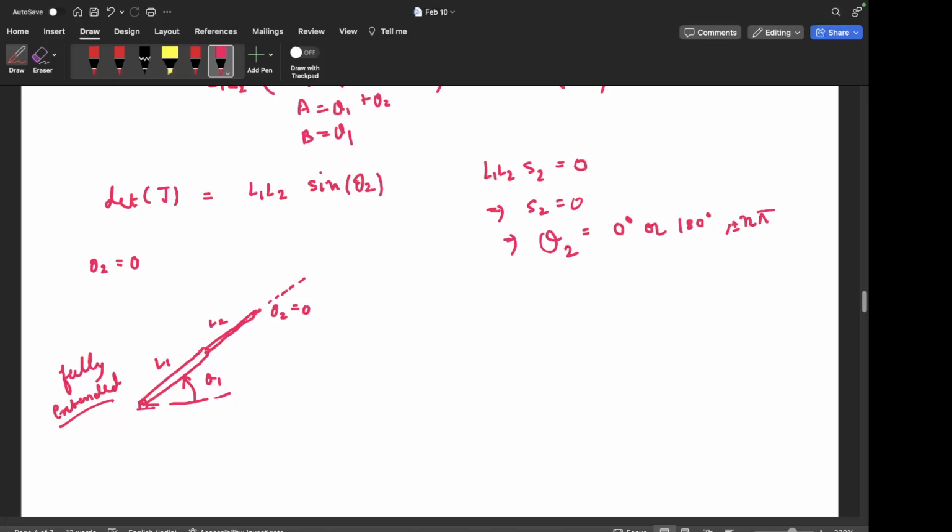What we have seen earlier is that in fact this is the outer radius of the workspace, right? So basically our end effector is at the limit of the workspace. So this is what we called a boundary singularity.